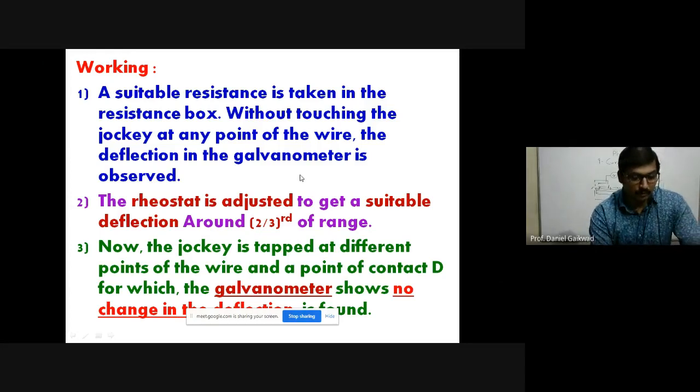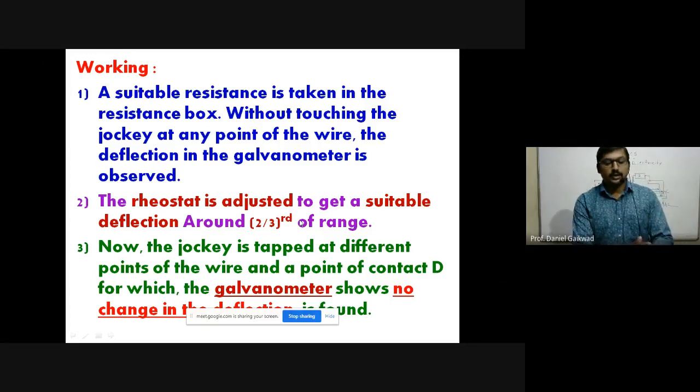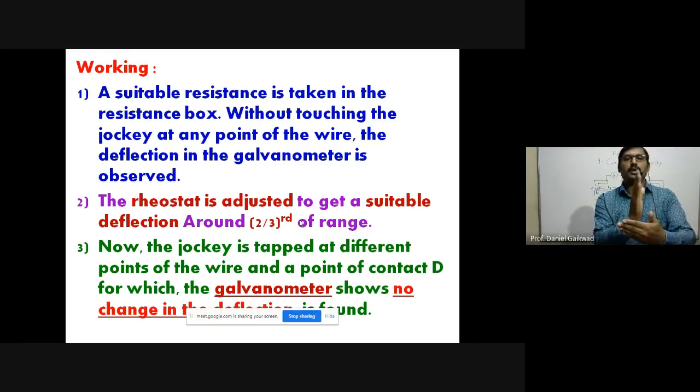Now check carefully how to set the deflection. Second point: the rheostat is adjusted to get a suitable deflection, around 2/3 of the range. What this means is that the galvanometer has center 0, and on the left hand side and right hand side we have 30 and 30 degrees. 2/3 means suppose 10 degrees or 20 degrees.